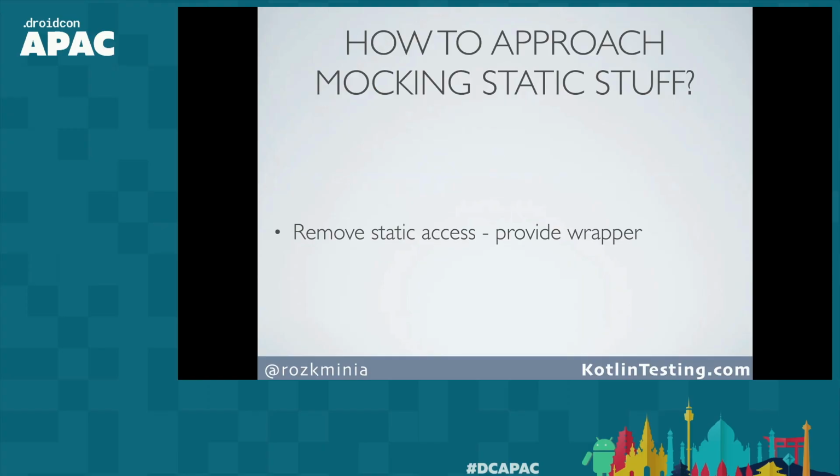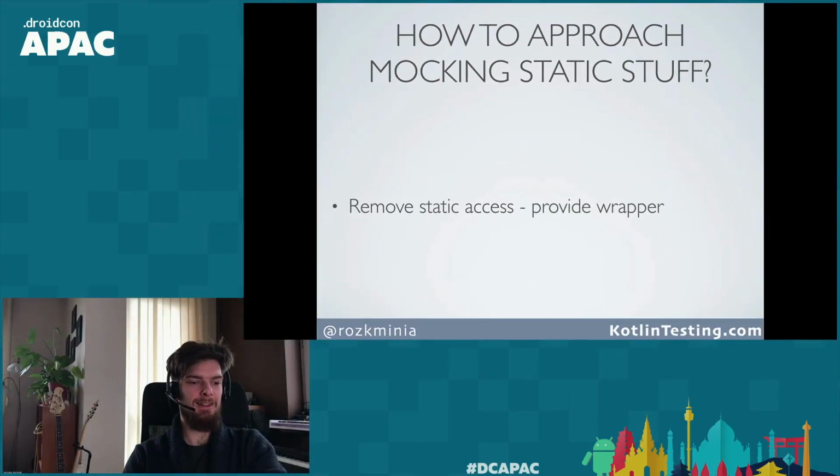And the most straightforward way to include a static dependency in a test in a reasonable way is to remove direct static access. If you need to change the behavior of some property in a test, you could just use an extra interface or facade to abstract it away.